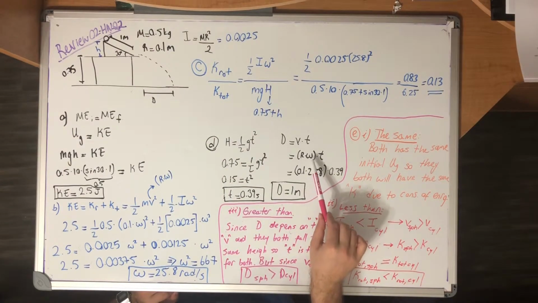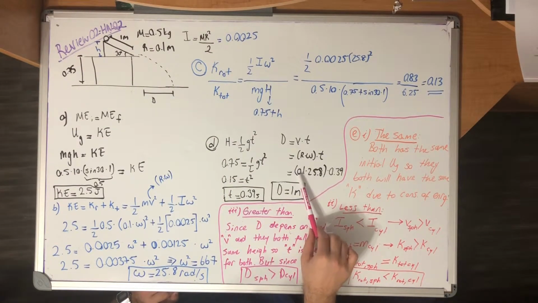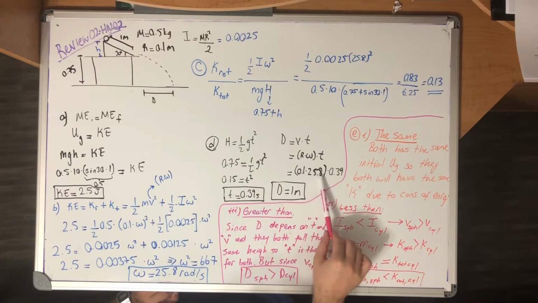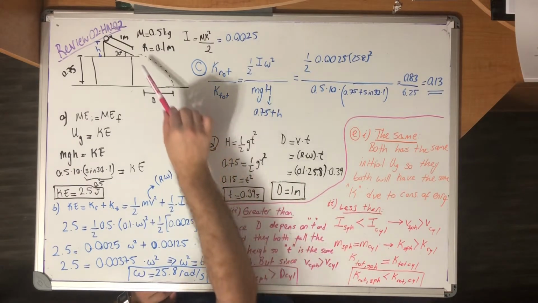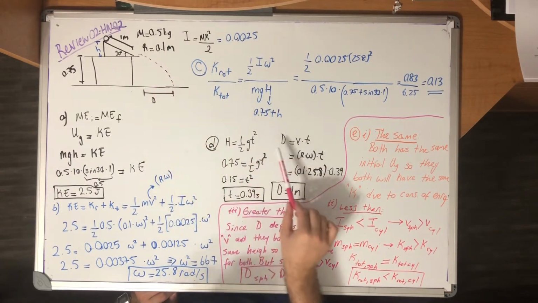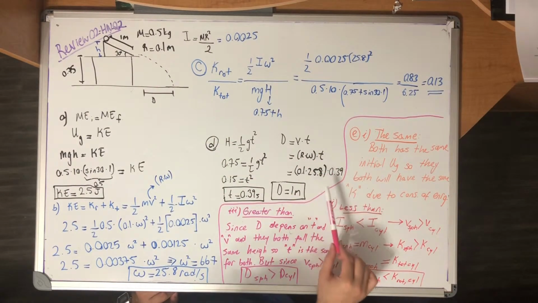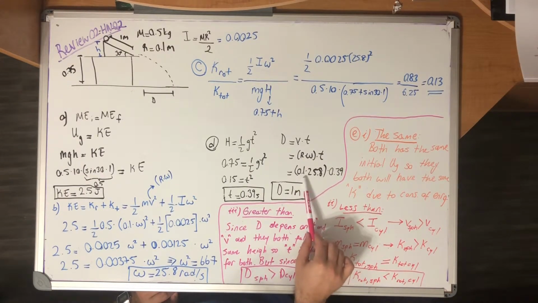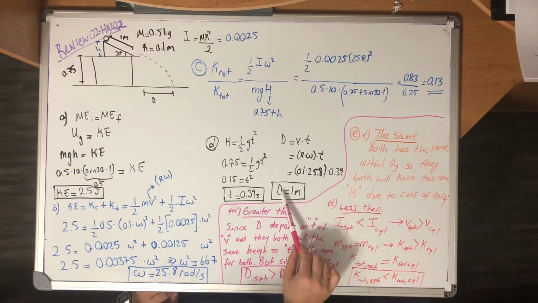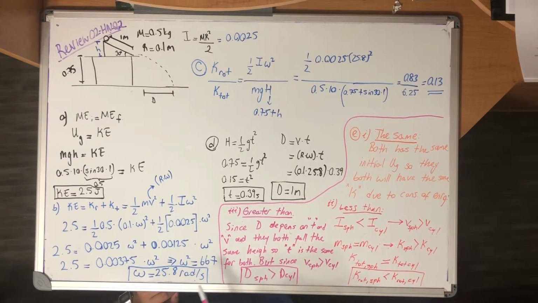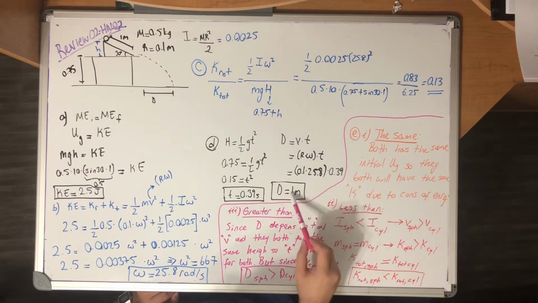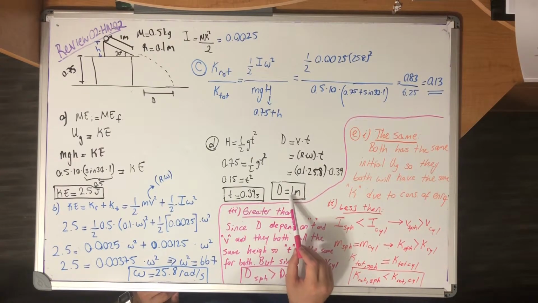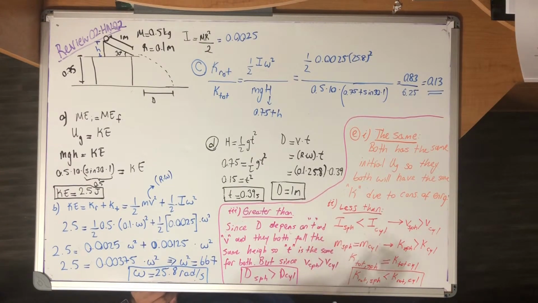So once you multiply it with the radius of it, then you're going to be able to find the linear velocity of that cylinder at that point. So that would be the horizontal velocity of it. So if you multiply this horizontal velocity with the time, then you're going to be able to find the distance. And once you multiply all those numbers, you will find that it's pretty close to 1. And it's just basically 1 meter.